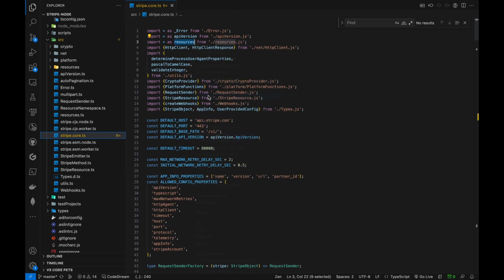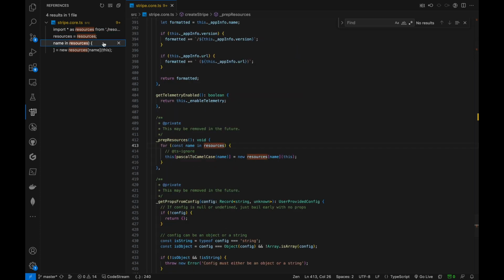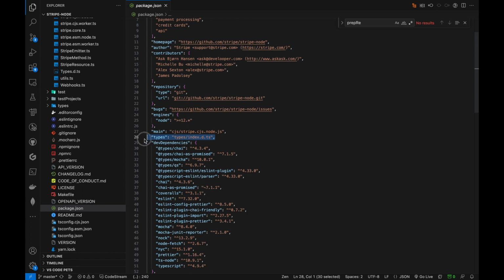It's important to note that the Stripe resources don't exist as direct properties of this class, but get introduced later during instantiation when the constructor is called. This means type definitions for the Stripe resources, e.g. accounts or payment intents, don't exist directly within the package. But since the package exported types declare them, they become available to the consumers of the package.